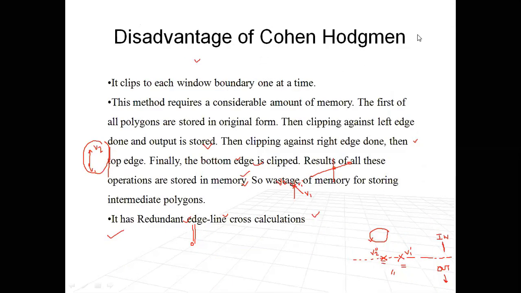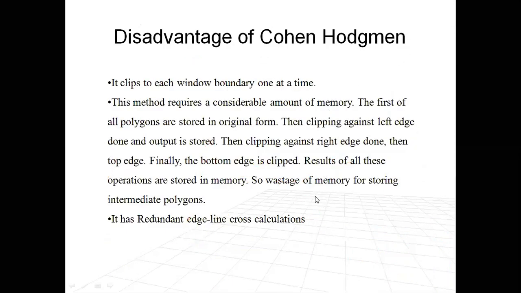So first, see what are the few disadvantages related with the Sutherland Hodgman polygon clipping algorithm. The first one, you are very much known with it now: it clips to each window boundary one at a time. So against every boundary, the polygon has to be clipped. Then this method requires a considerable amount of memory.